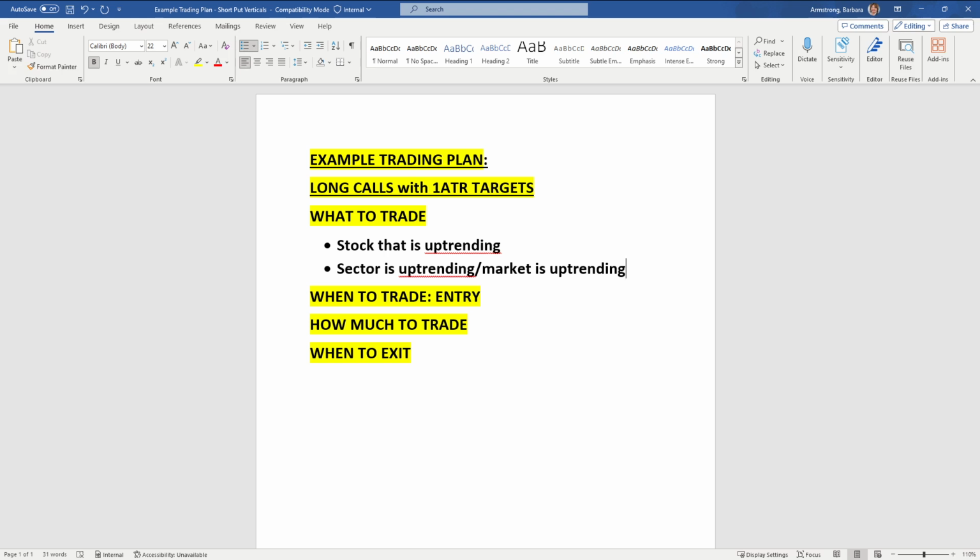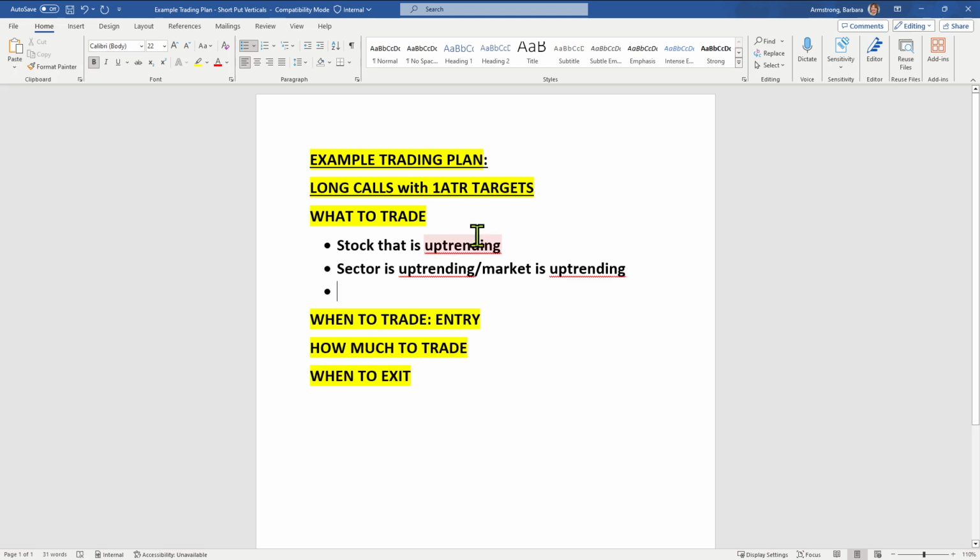Some people will even create a checklist and go through it. It's not that you can't do a counter-trend trade, but if you're looking to take advantage of the flow of the market, this might be something you'd want to consider.